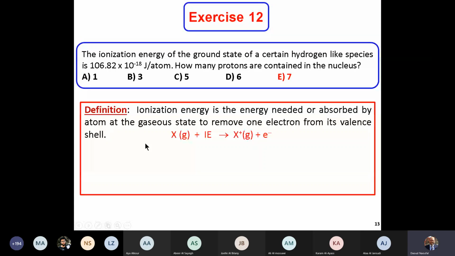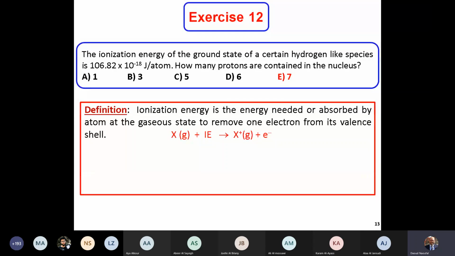What is the definition of the ionization energy? We said that an electron found on level n can pass to a higher n according to Bohr theory if the atom absorbs exactly the difference between the higher n and this n level. If we add greater energy, it will pass to a higher level.